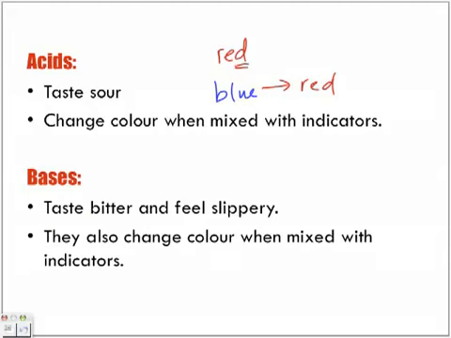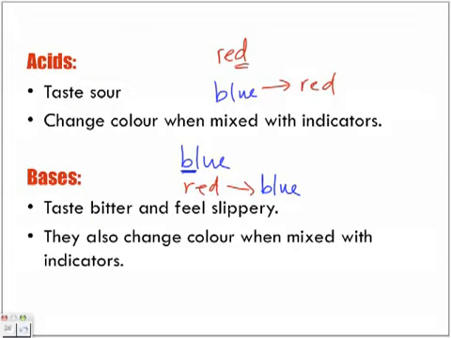There's also a color change when using indicators. If you're using blue litmus paper, it will stay blue, so we think of blue for base. But if we put red litmus paper in, it will turn blue if it's a base.